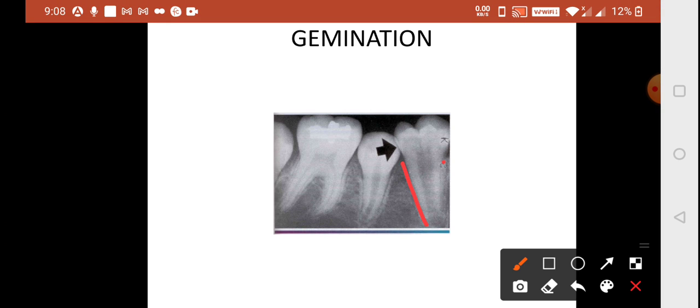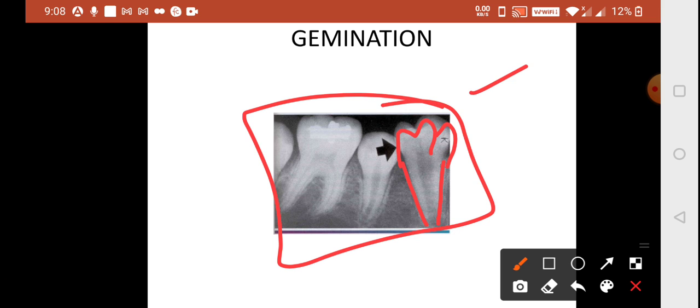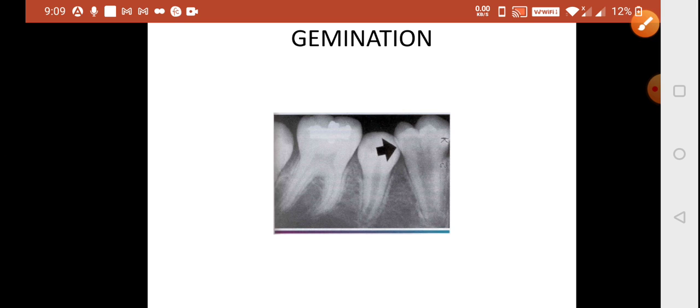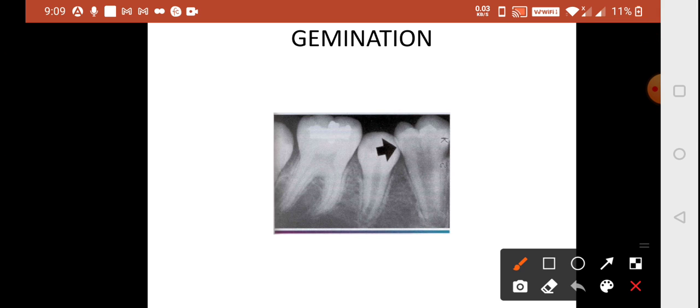Can you see that the root is common, and here it has tried to divide into two parts? This is how gemination looks. Directly the question can be given in the form of an x-ray, asking which type of anomaly you find in this picture. It's gemination.